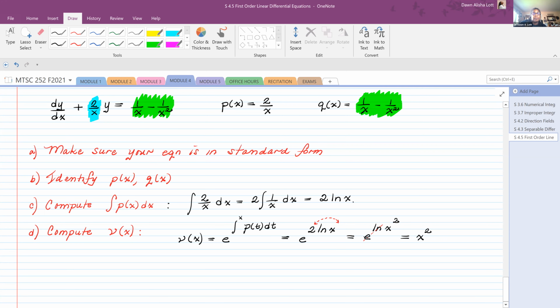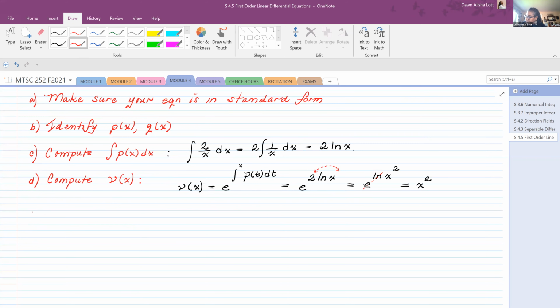Okay. Now I need to compute the integral of p of q, always write p, the integral of q of x nu of x dx. Okay, so that's the integral. P is 1 minus 1 over x. Nu is x squared.